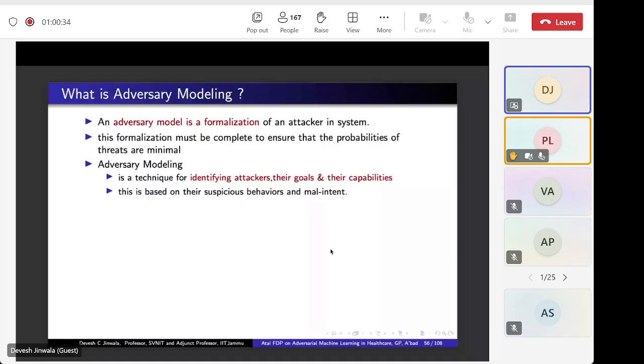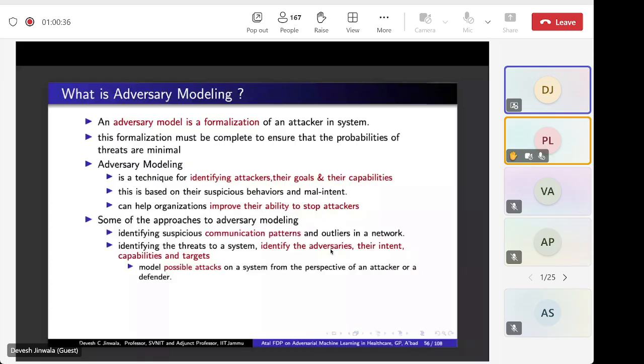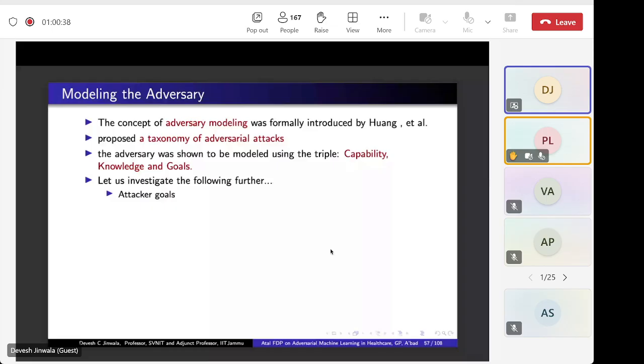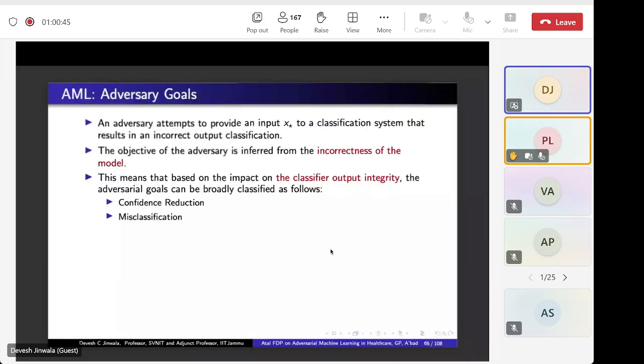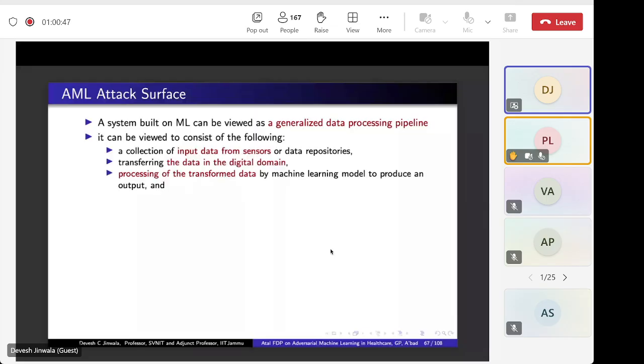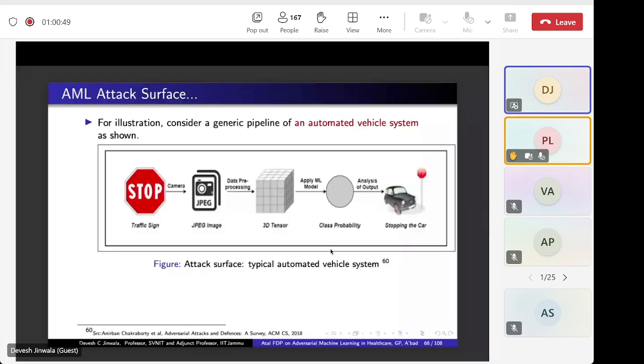So let us look at a diagram to understand what is this attack surface. I'll come back to some of the slides slightly later. Let me come to the attack surface first. So look at this diagram. This diagram is for a typical self-driven automated vehicle system, which is basically a self-driven car, which is machine learning enabled. We obviously know that this car should be able to detect a stop traffic sign automatically.